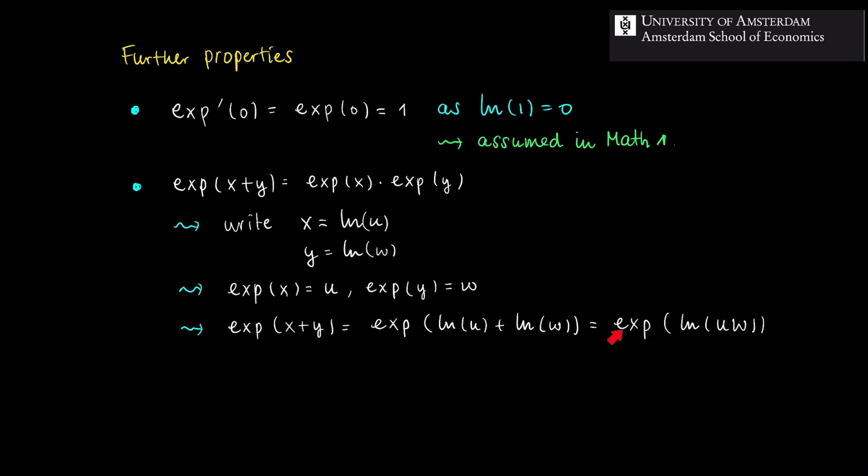So what remains is u times w. And we chose u to be the exponential function evaluated in x, and w the exponential function evaluated in y. So we get the exponential of x times the exponential of y.